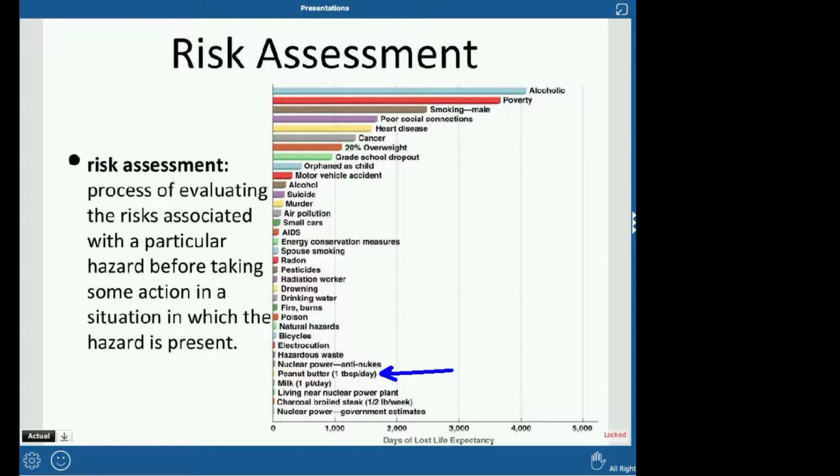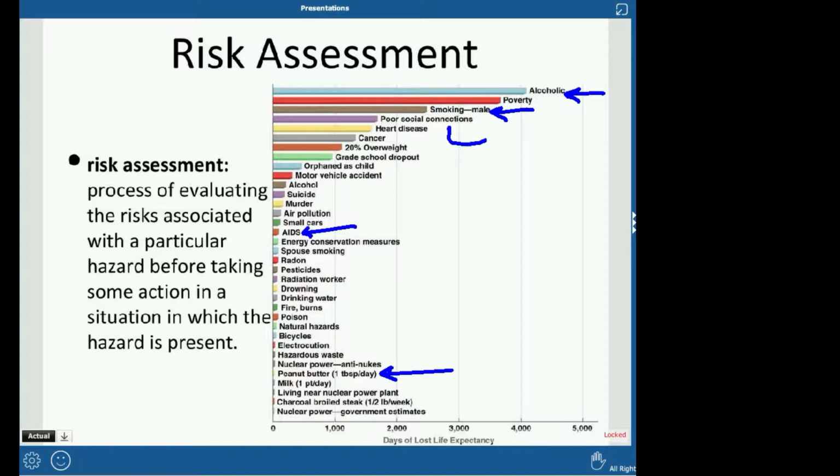But it's interesting, some of the things that we think are high risk, like having AIDS. Being an alcoholic is actually going to reduce your life expectancy more than AIDS, which is kind of interesting. There's smoking, and smoking as a male apparently reduces your life expectancy more than smoking as a female, which is kind of interesting.